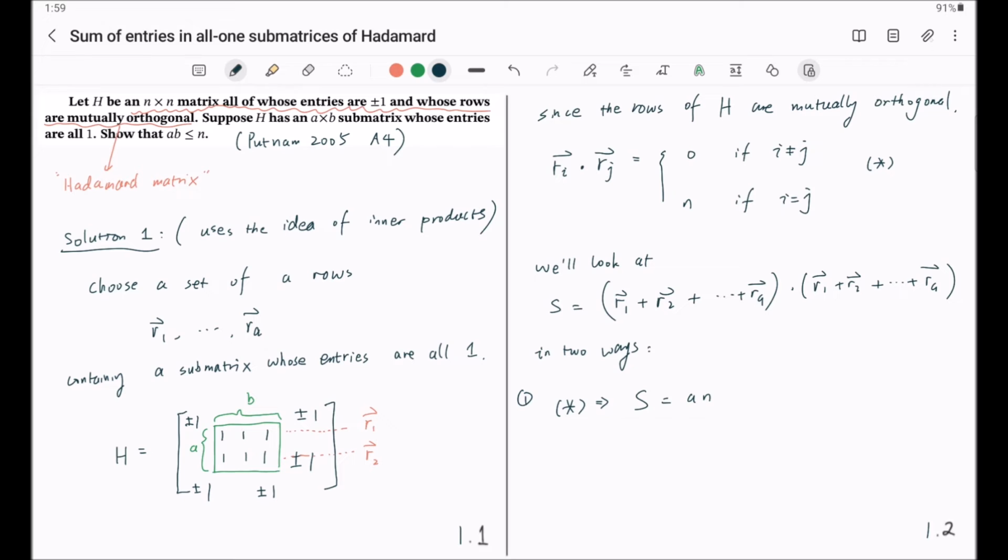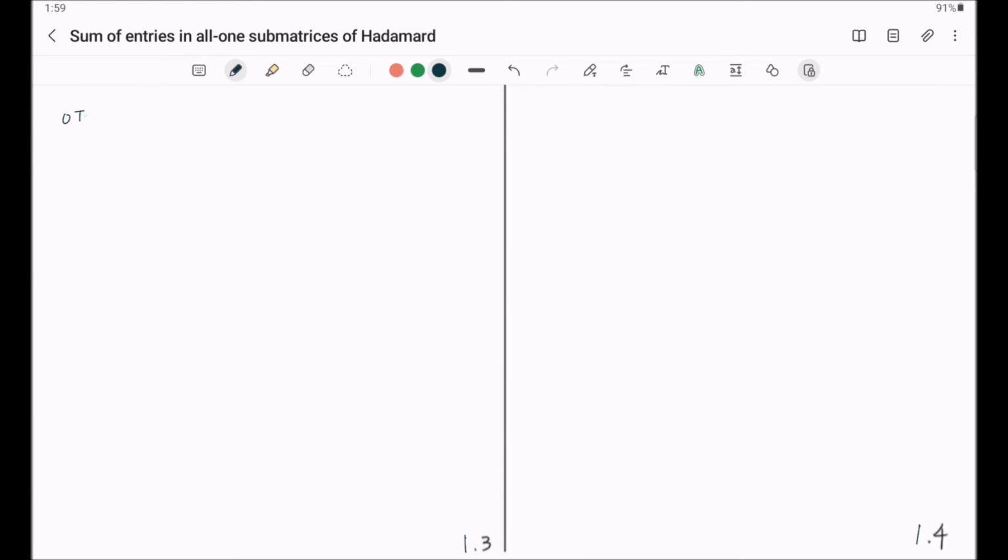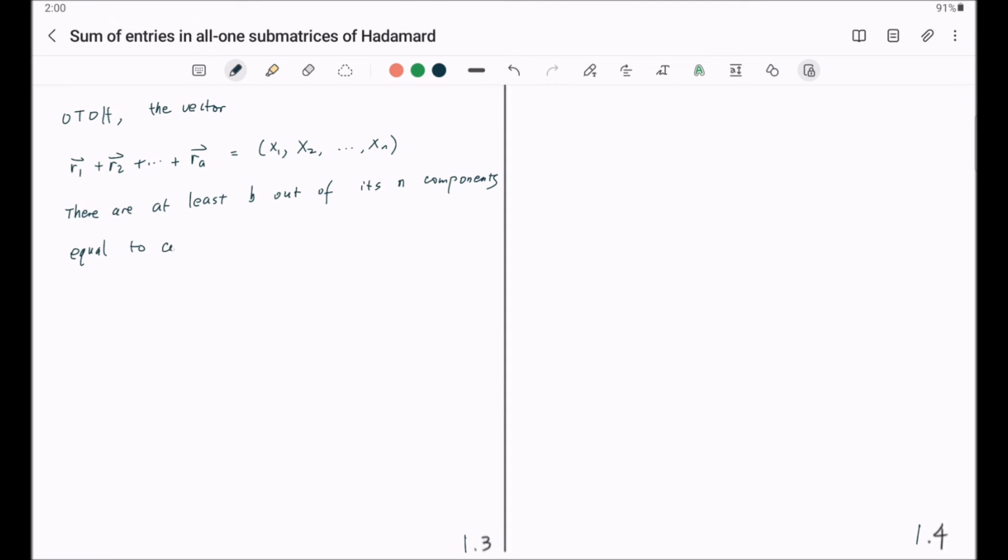Now, on the other hand, the vector R1 plus R2 plus up to RA, if we denote its components by x1, x2, all the way to xn, we'll notice that there are at least B out of its n components equal to A. Why is that so?